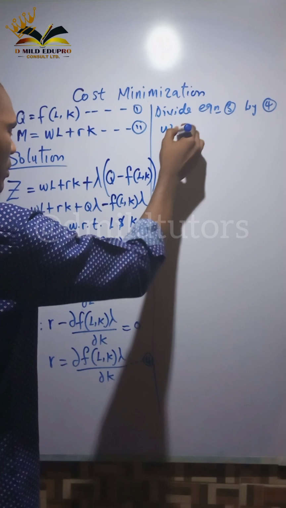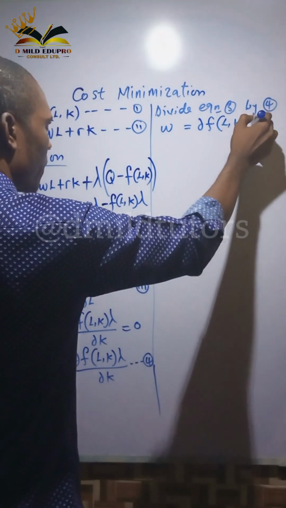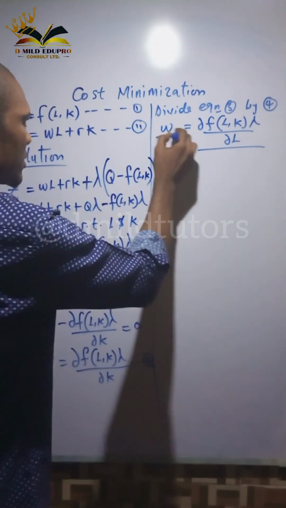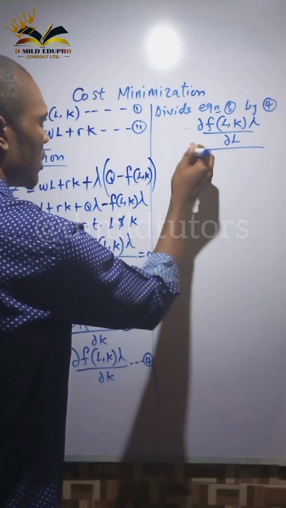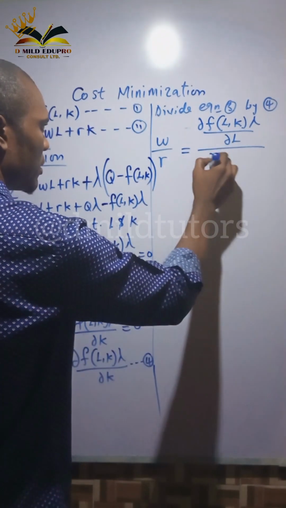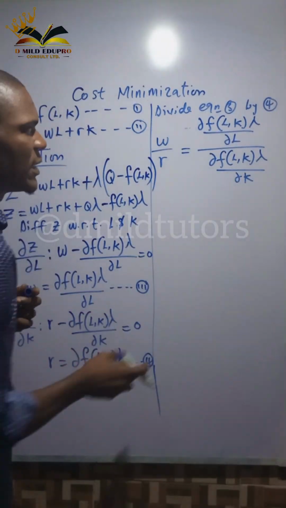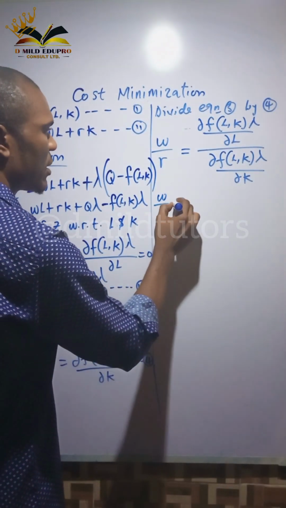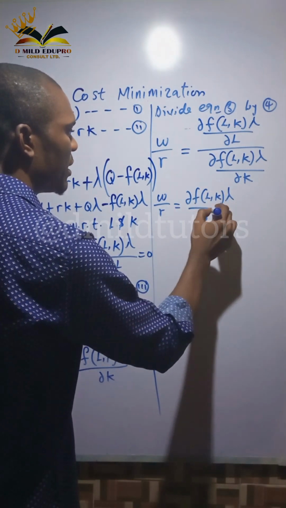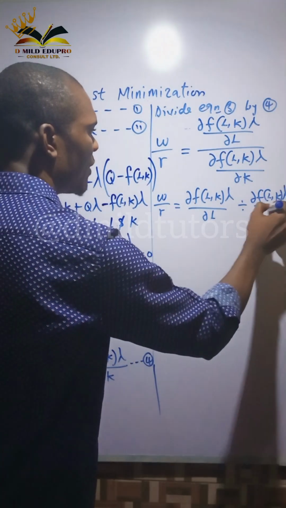W equal to F of L, K, lambda all over L. So we have W over R, with R equal to F of L, K, lambda all over the K. This can be simplified as W over R equals F of L, K, lambda over L, divided by F of L, K, lambda over K.